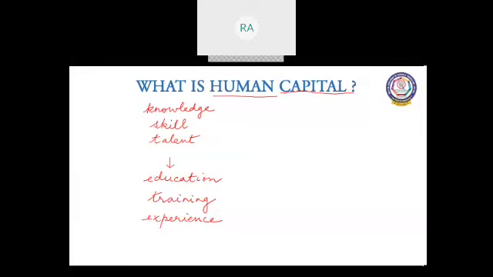It also includes other assets like intelligence, and health. Values such as loyalty and punctuality are also considered. It is otherwise the sum total of skill and expertise a human being possesses.